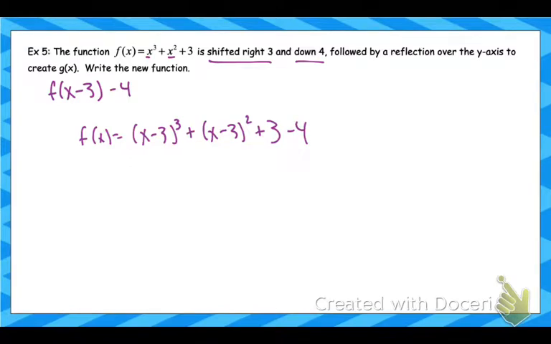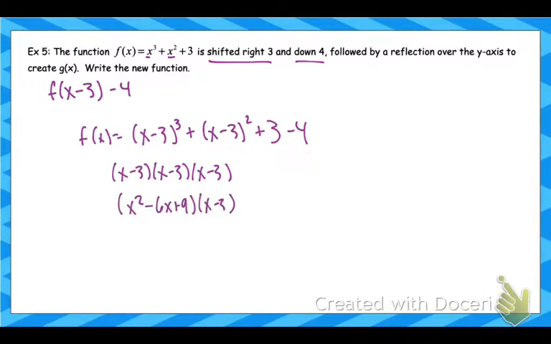So now we actually have to go through and FOIL this whole thing out. So x minus 3 cubed is x minus 3 times x minus 3 times x minus 3. So let's go ahead and multiply the first two together. And then multiply by the x minus 3.